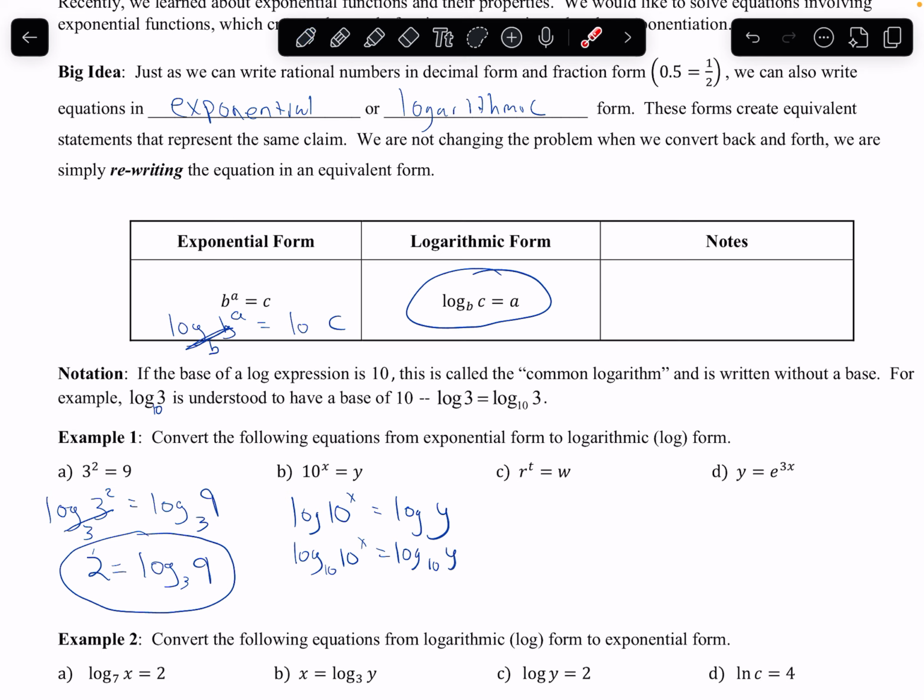They're inverses, so they cancel each other out. This cancels that out, and I get x equals log base 10 of y. Just remember this. If you have a 10 down there, you don't have to write it. So you could leave this 10 out and just go log y.